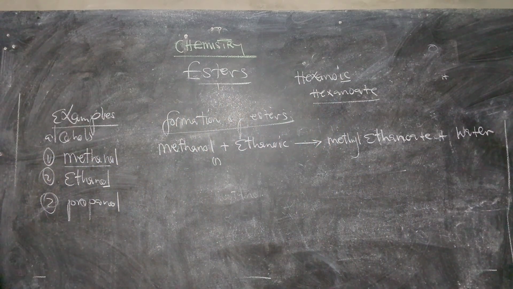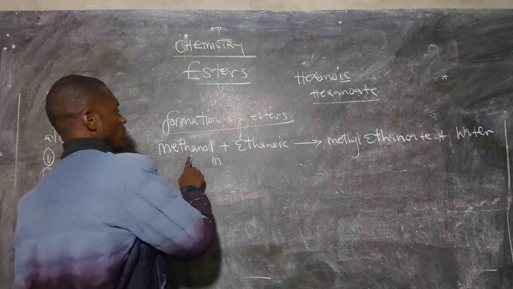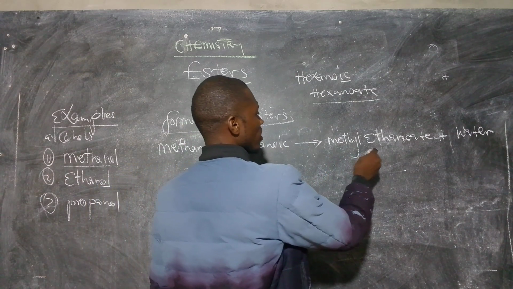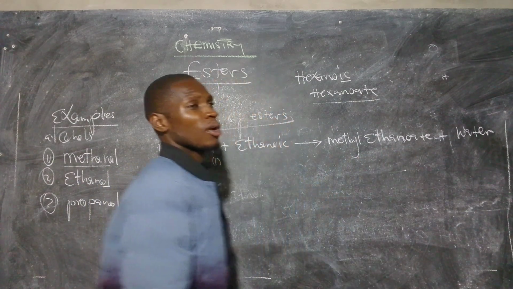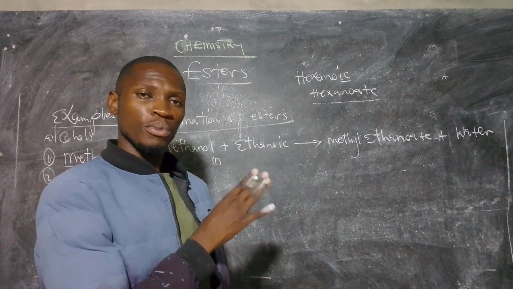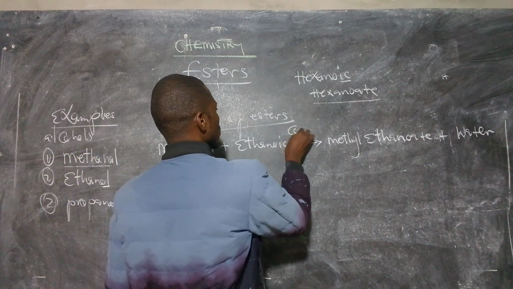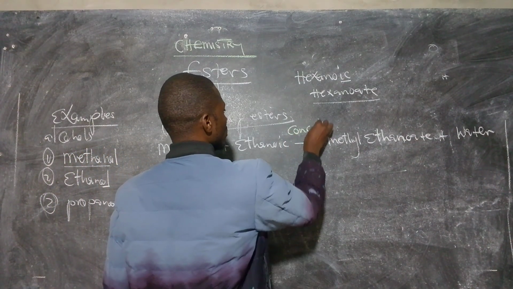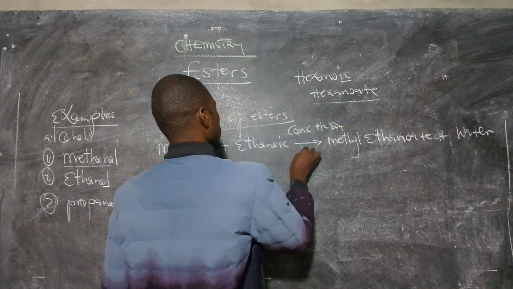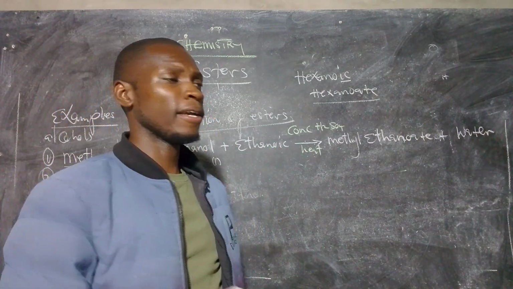Okay, so methanol plus ethanoic acid, we are forming methyl ethanoate plus water. Remember, there are two conditions which are needed for this process to be successful. So here we need concentrated sulfuric acid, and a bit of it.